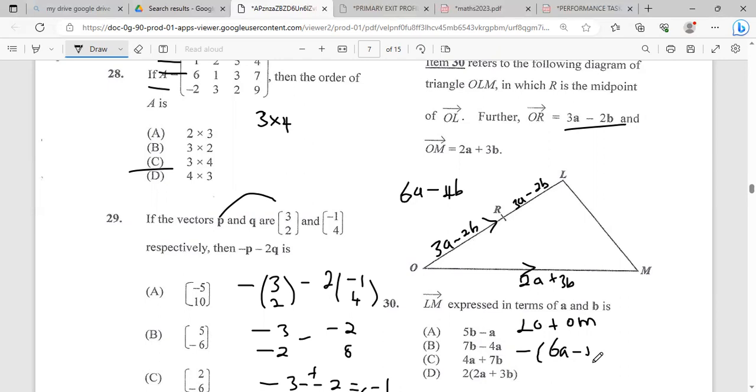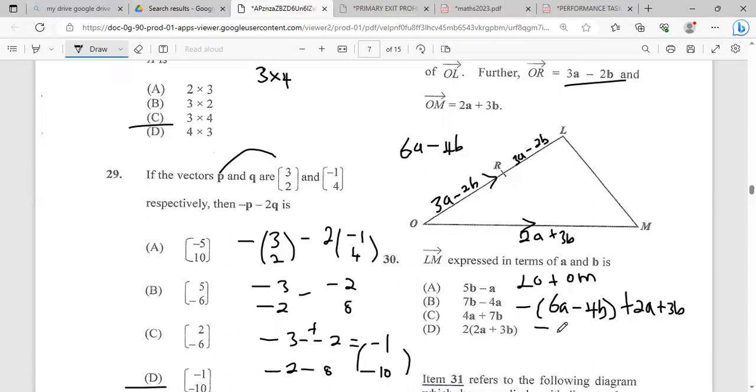I have to be careful with this one, guys. All right, be very careful. But we're going with the arrow now. So this would be plus 2a plus 3b. So we expand, this becomes negative 6a, negative times a negative, positive 4b. And then now we have plus 2a plus 3b.